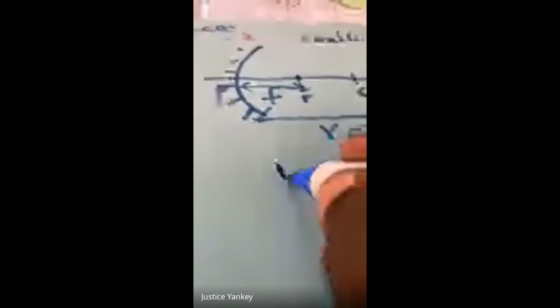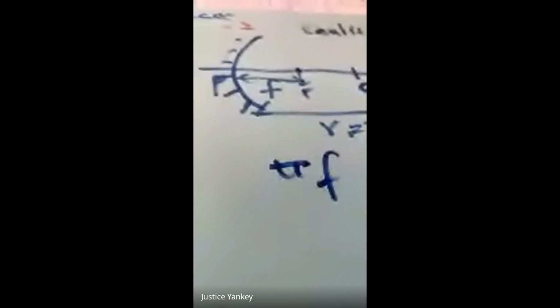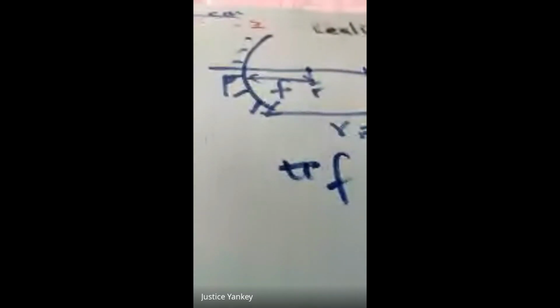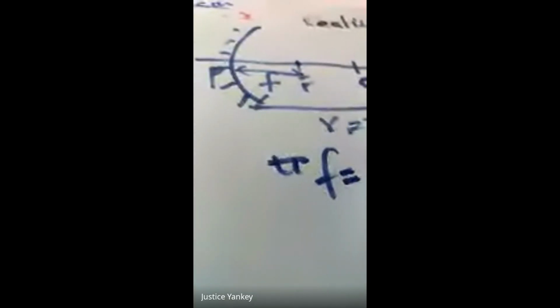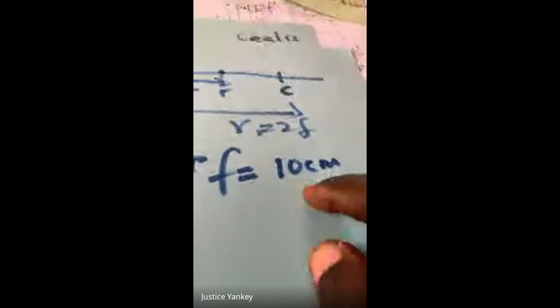Now, let's say you are told that in a certain concave mirror, an object is placed. I told you, you name a mirror by mentioning the focal length. So let's say you have a concave mirror of focal length, let's say 10 centimeters, and this number is going to be positive. If it were a convex mirror, this number would be negative.